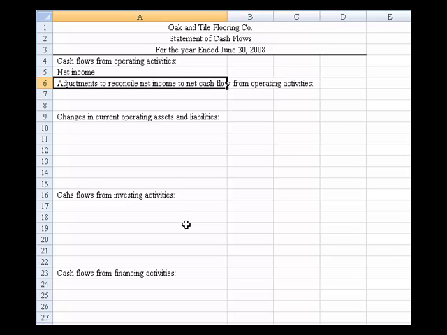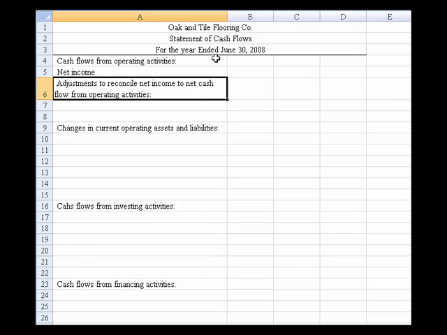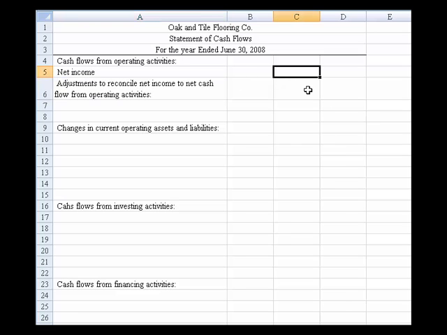Let me merge this and wrap it just so it doesn't get in the way of our numbers. Okay, so net income was $65,900. We'll jot that down. And the next thing we need to consider is the adjustments to reconcile net income to net cash from operating activities.